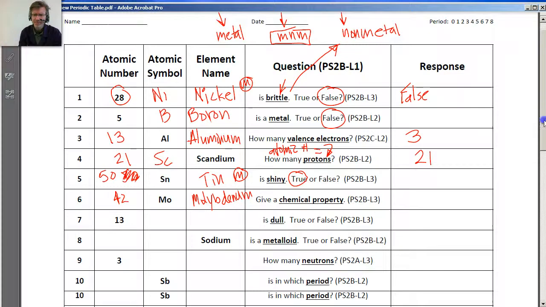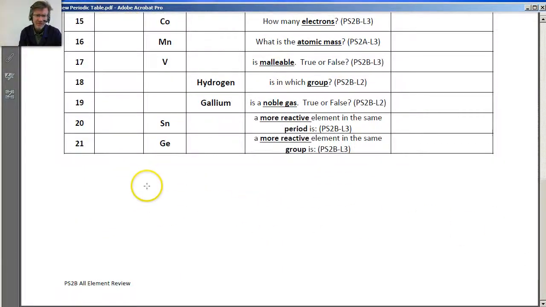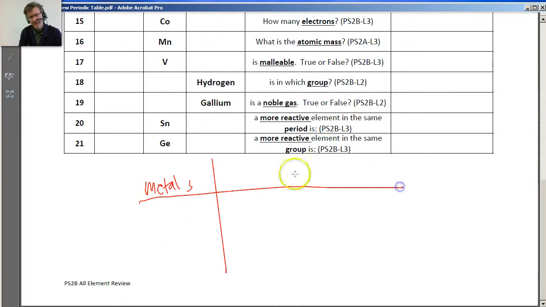So let's do a little table down here. I've been doing this table with a lot of people on their papers, so let's just reproduce it here. Metals, metalloids, non-metals.